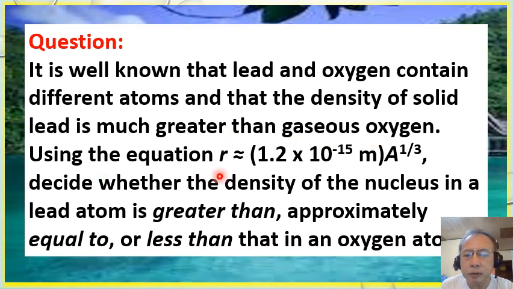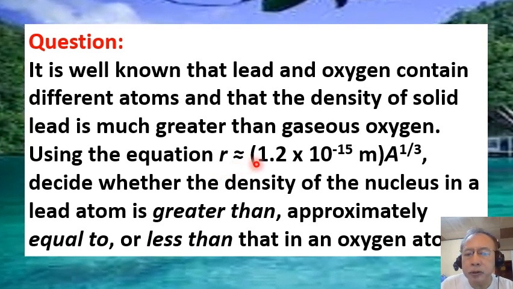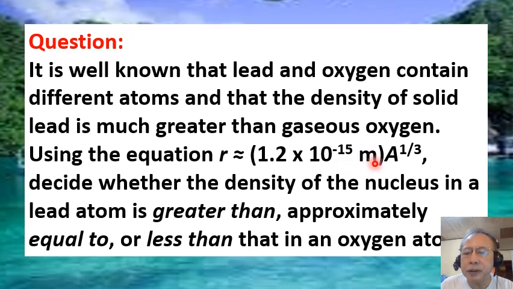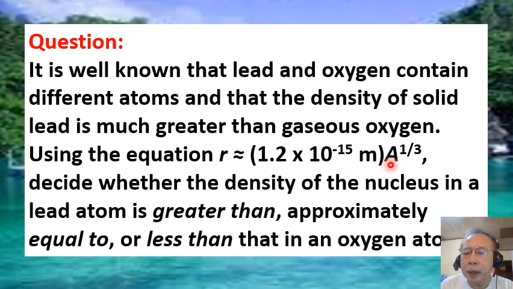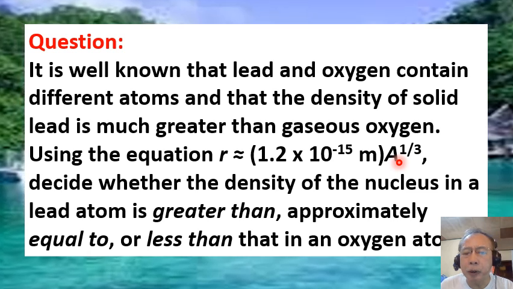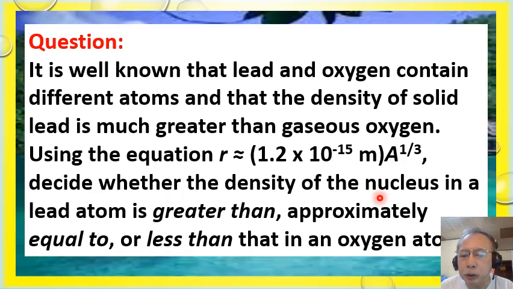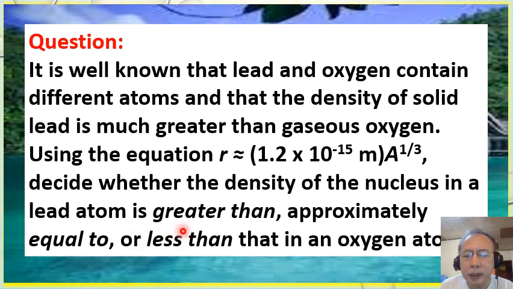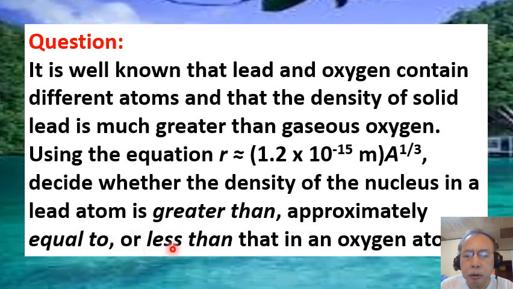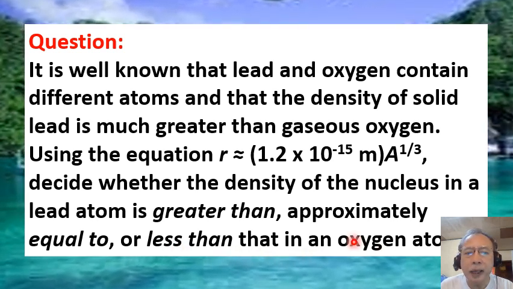Using the equation R equals quantity 1.2 times 10 to the negative 15 meters multiplied by A raised to the 1/3 power, decide whether the density of the nucleus in a lead atom is greater than, approximately equal to, or less than that in an oxygen atom.